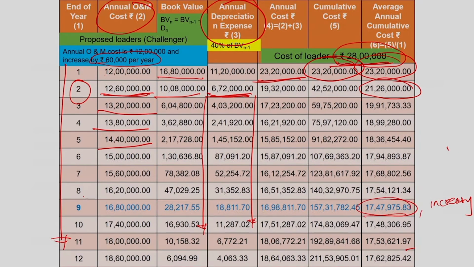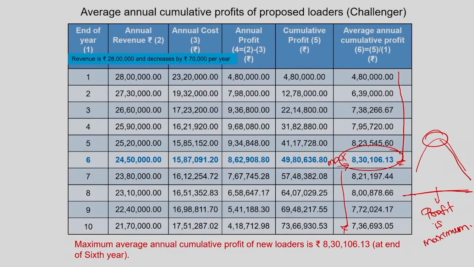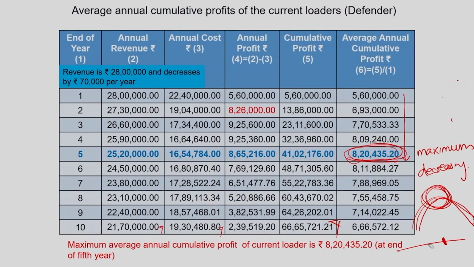So hope you remember, based on the minimum cost method, we found the economic life as the 9th year. But based on the maximum profit method, for the proposed loader, that is the challenger, the economic life is the 6th year, because the profit is maximum in the 6th year. Another thing you have to compare here is the maximum profit for the current loader and the proposed loader. So the maximum average annual cumulative profit is 8,20,435.